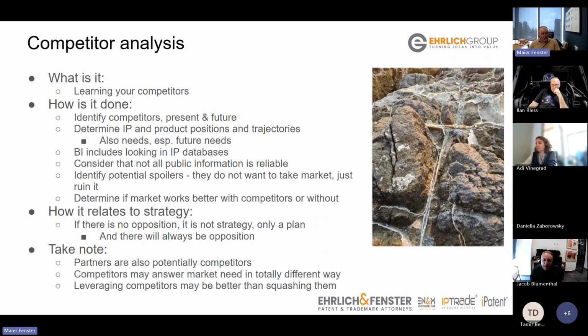Sometimes you want to have competitors, because partners could be competitors and competitors could be partners. And competitors don't have to be selling the same product as you are. Competitors could be selling an alternative product which answers a market need in a completely different way. And they're still competitors because they take away from your success, unless you leverage them. But that's beyond this particular task.